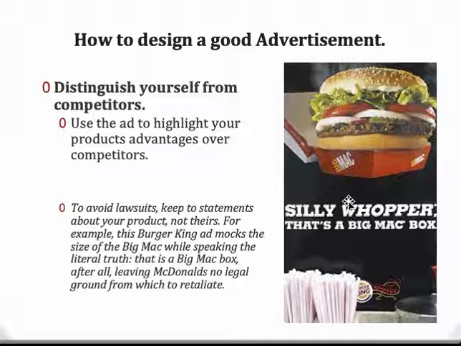That is a Big Mac box. After all, that leaves McDonald's no legal ground from which to retaliate. Yes, Silly Whopper, that's a Big Mac box. This could be edited, for sure. This could be resized to make it look bigger. But it's not saying that. The ad is not saying that a Big Mac or Whopper cannot fit into a Big Mac box. It is an image, and there's no way that it can be sued because this is a true statement. That is a Big Mac box.